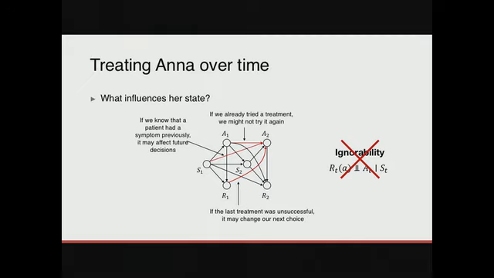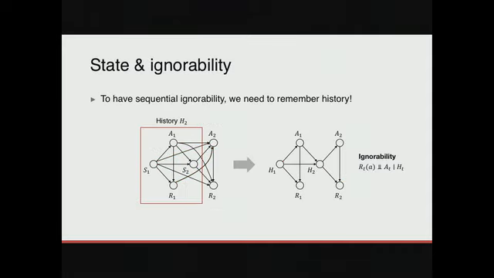So if I don't have the information about what it was, an allergic reaction or some symptom before, in here, then I have to do something else, right? So exactly that is the point. If I can summarize history in some good way, if I can compress all of these four variables into some variable h standing for the history, then I have ignorability with respect to that history h.